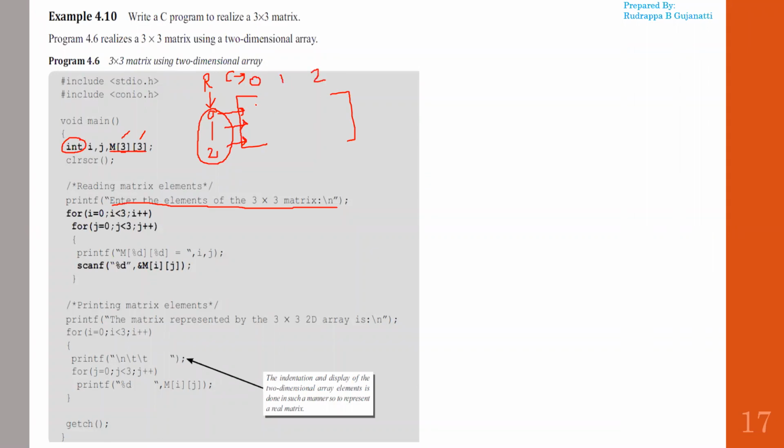Suppose I want to identify the index of the element present at this point. It will be given by 0th row, 0th column. So if I write M of 0, 0, this tells that it is this element you are referring to.